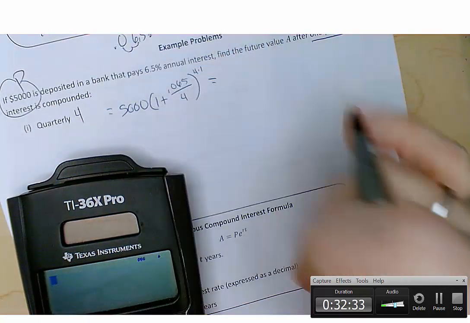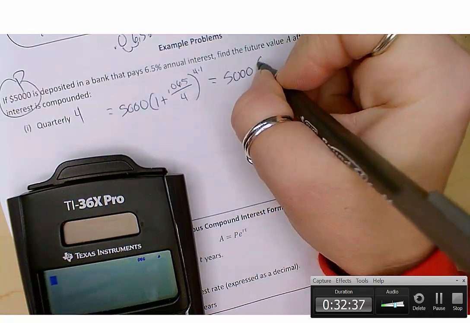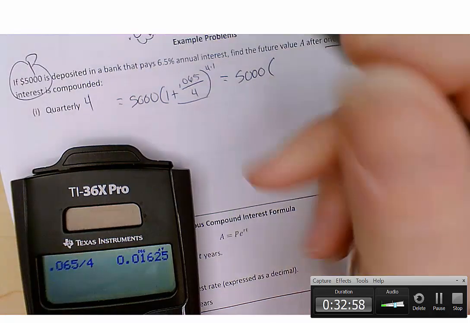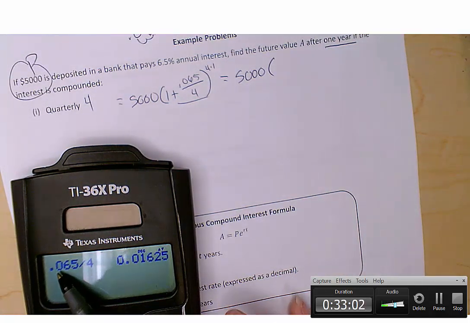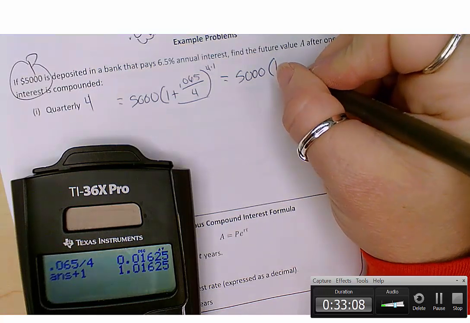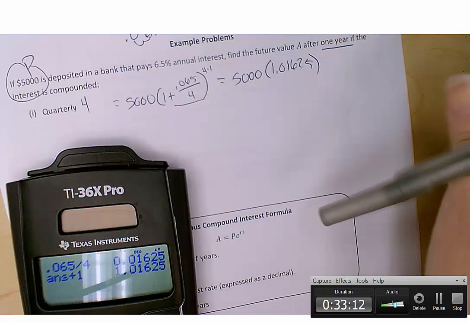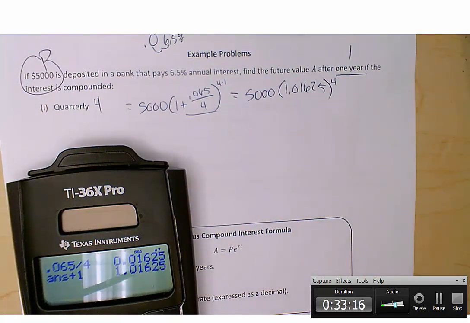So I like to simplify the inside of this a little bit first. After we take the 0.065 and divide it by 4, let's add that 1 to it. And for the inside of the parentheses, we're getting 1.01625. Don't round it quite yet. You don't want to round it until the very end. And this is all being raised to the 4th power.